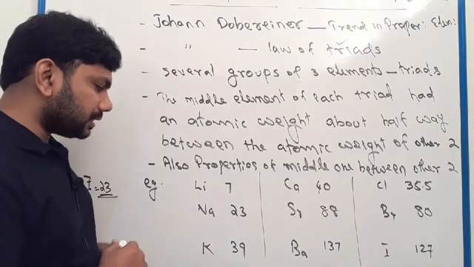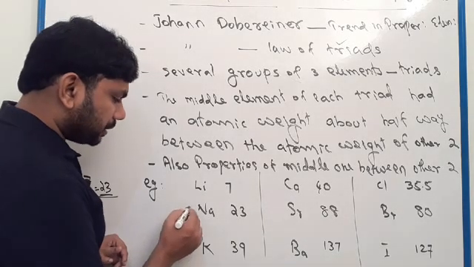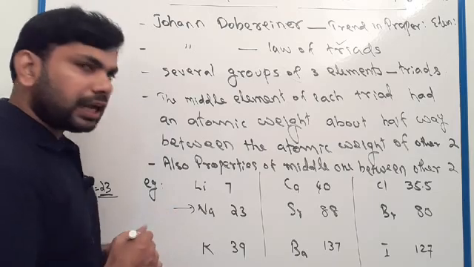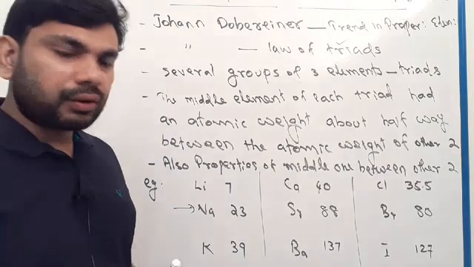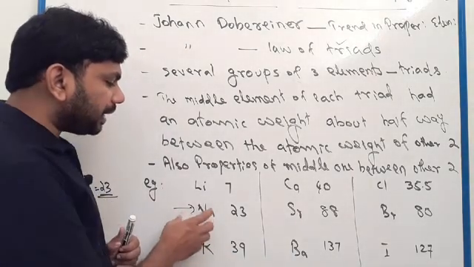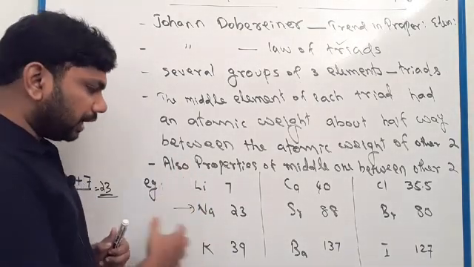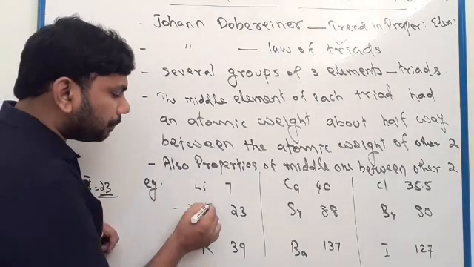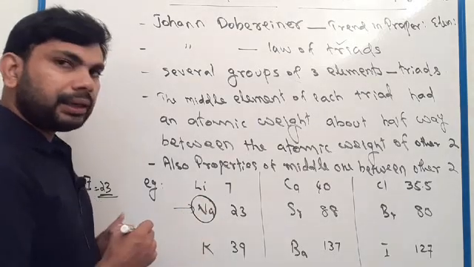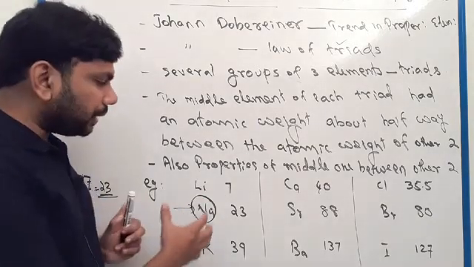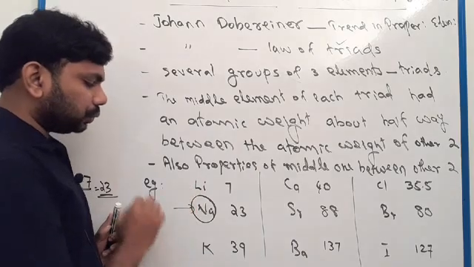Here we have to understand the middle element. The atomic weight of this middle element will be the average atomic weight of the other two.